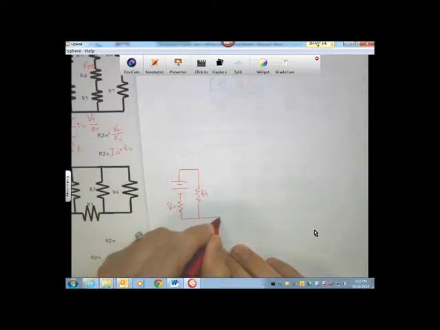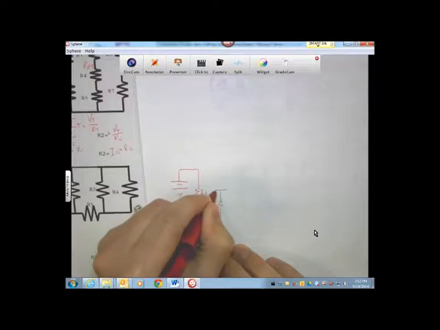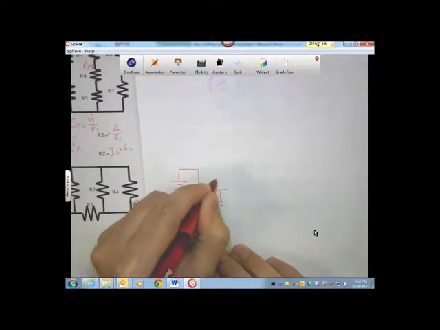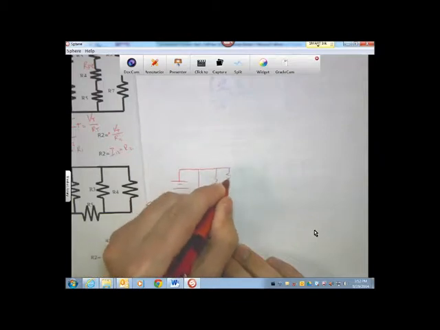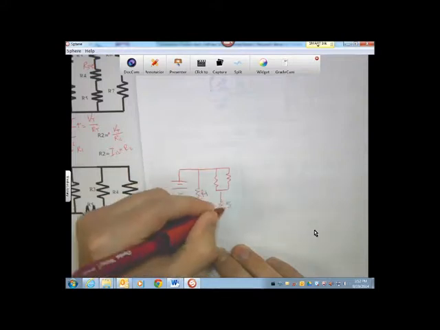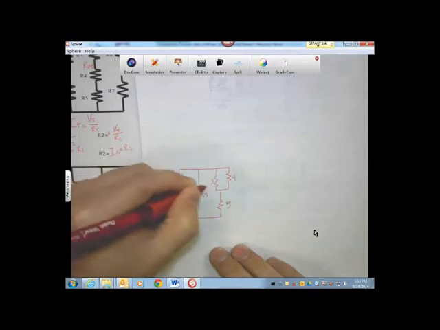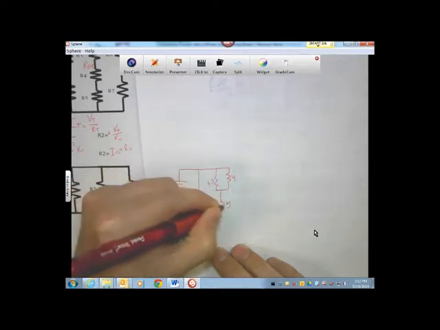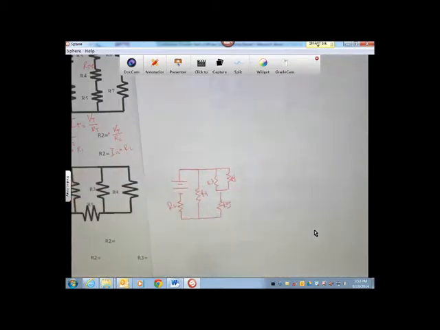So we have R1, and R5, which is then in series with R3 and R4 in parallel. So we can see now it's a little bit easier to condense down.